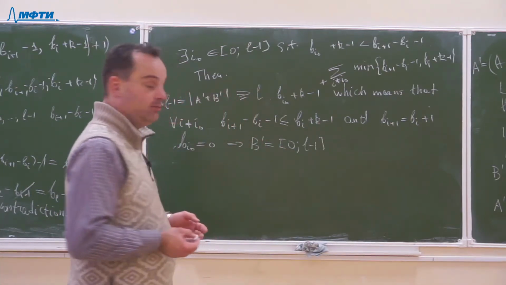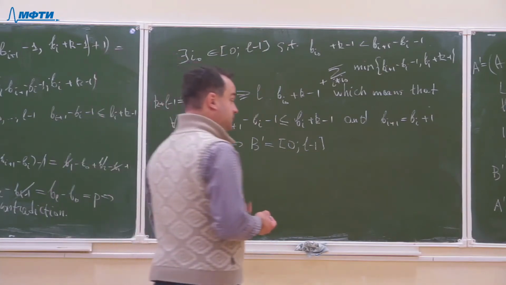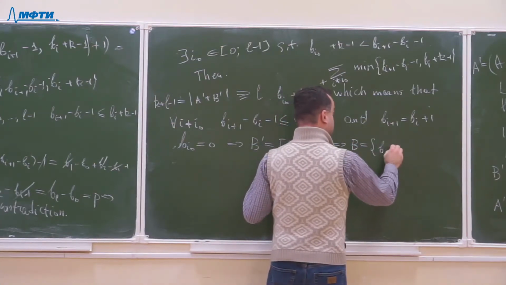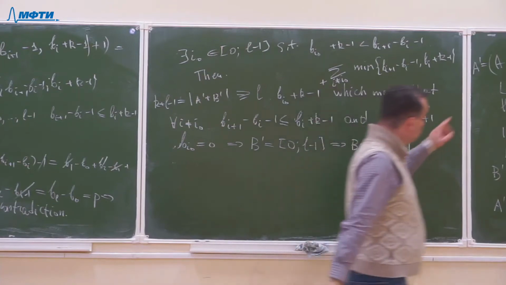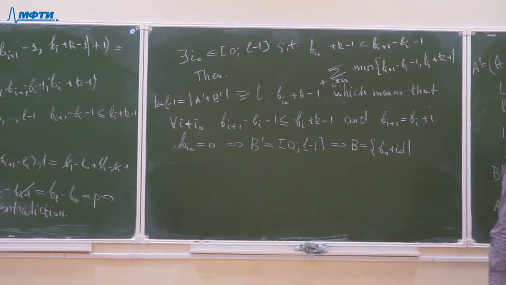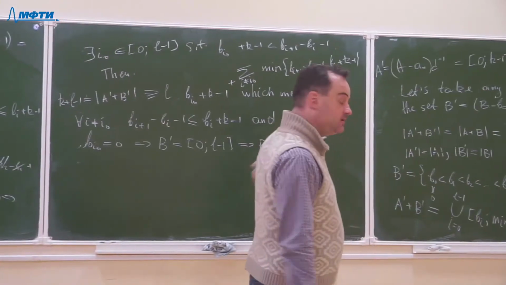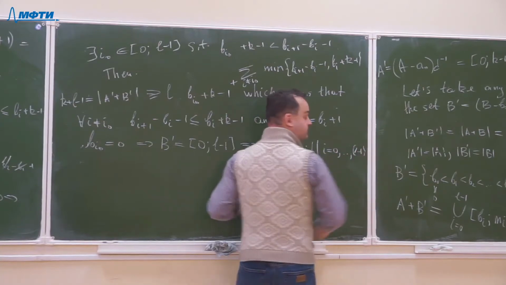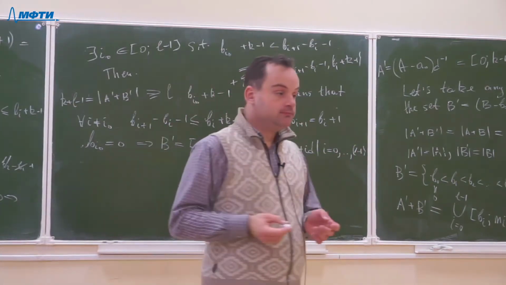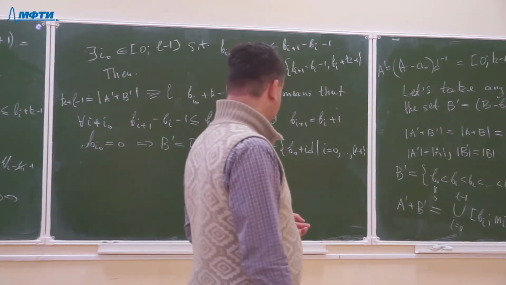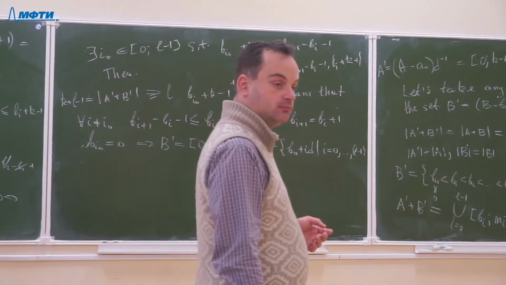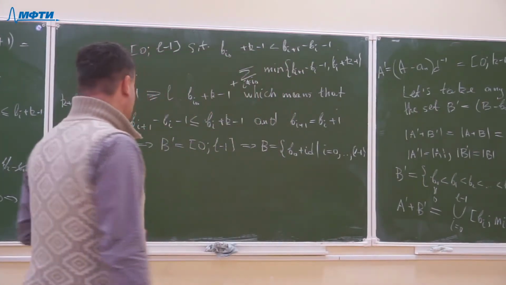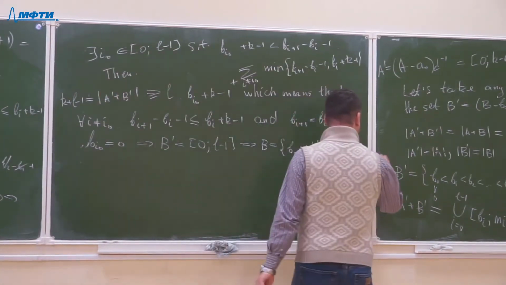That's what we needed, right? Because from this it follows that B is B0 plus I. Look at the definition of B prime, it's B0 plus I whenever I goes from 0 till L minus 1. Everything is proved. I think, okay, it's good. Okay, so lemma 1 is proved.